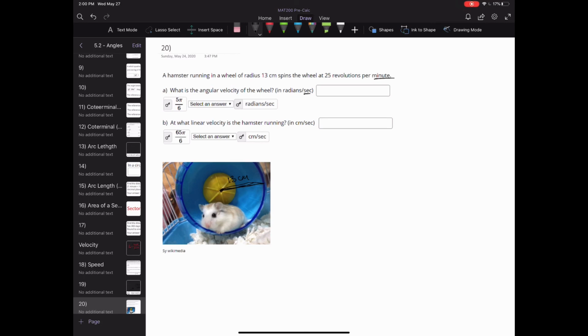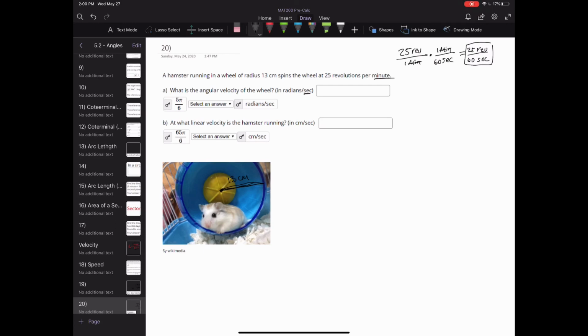So 25 revs per 1 minute. Let's convert that to seconds. The units cancel, and we remain with 25 revs every 60 seconds. Right, and I could simplify that, but I don't think we might need that.